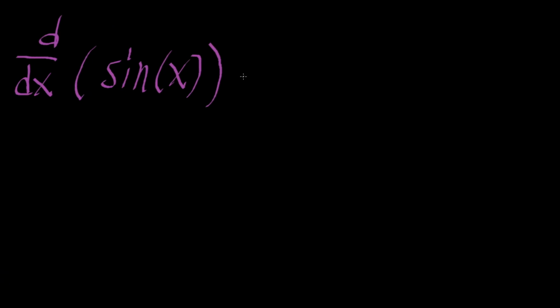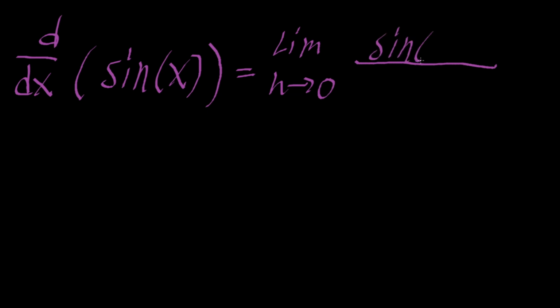So the derivative of sine of x, by the full definition of the derivative, would just be equal to the limit as h is approaching 0 of sine of x plus h minus sine of x all over h.